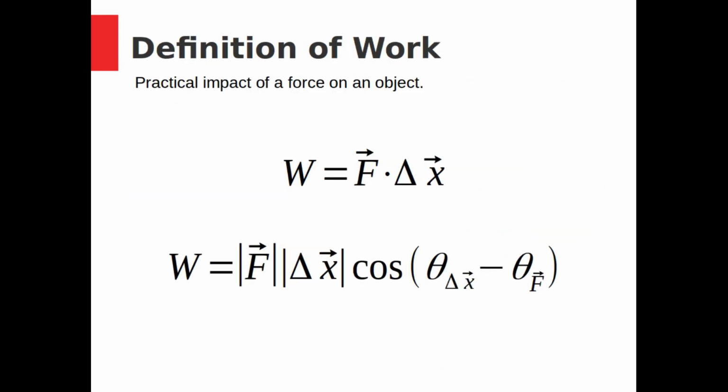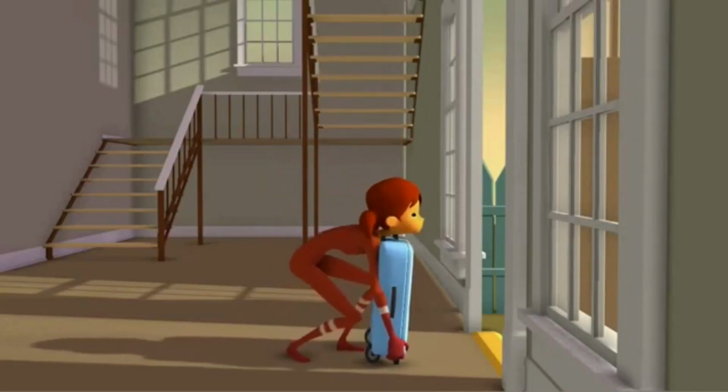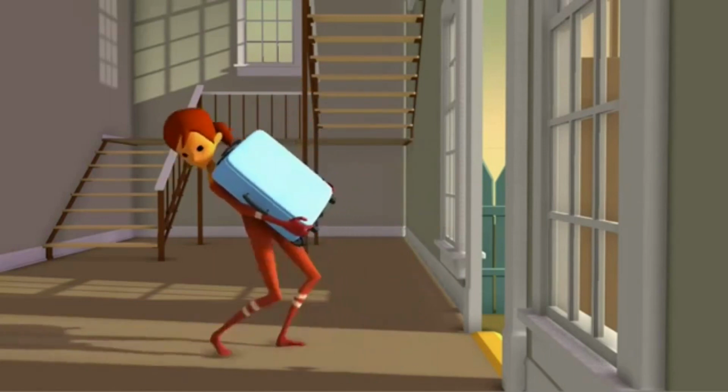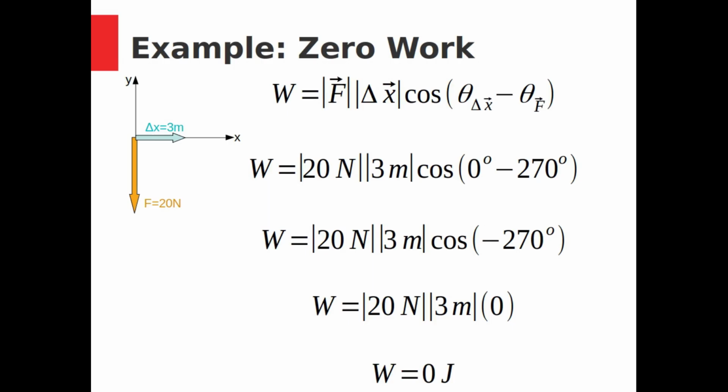Obviously, if an object doesn't move, its displacement is 0, so the work done by the forces acting on it is also 0. But consider this situation. A 20 Newton object is carried at a constant height over a distance of 3 meters. The weight vector has a size of 20 newtons and is oriented at 270 degrees.